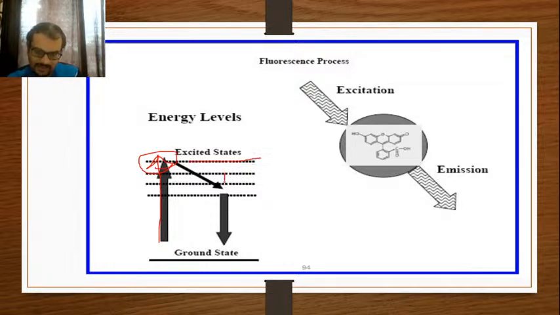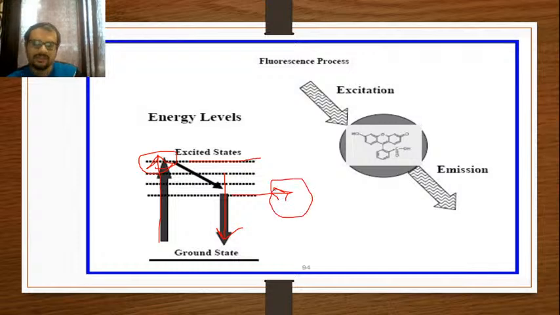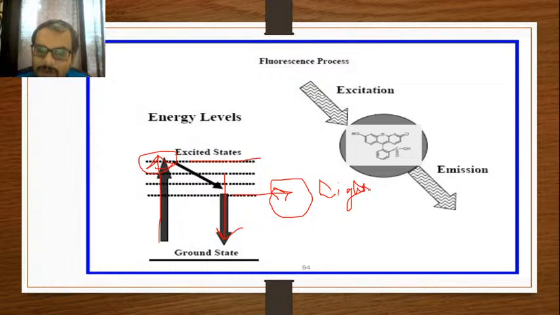Now as soon as they reach the excited states, they are bound to come to the ground state, and while coming to the ground state they emit the energy in the form of light, and that is what forms the basis of your fluorescence spectroscopy. Okay, we already dealt with the compound or electrons.